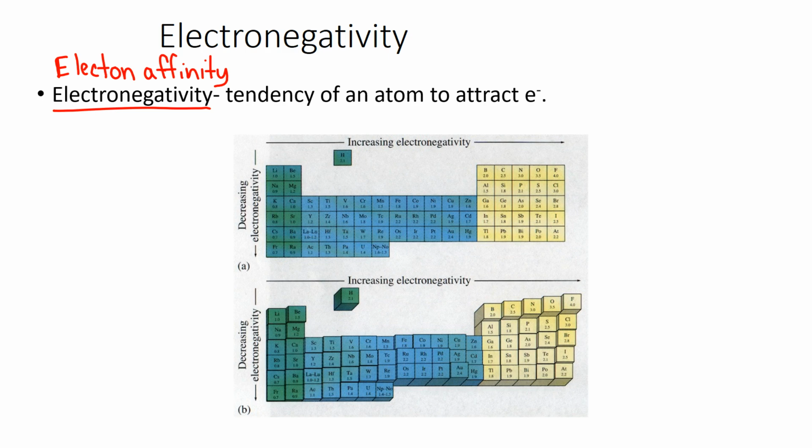The difference between electron affinity and electronegativity is basically this: electron affinity just really says, I want to hang on to the electrons that I already have, versus electronegativity says, I want to gain more. So most of your non-metals, or all of your non-metals, they want to hang on to the electrons they've already got. So they have a certain electron affinity. Some of them want to gain more electrons, so they have a higher electronegativity.